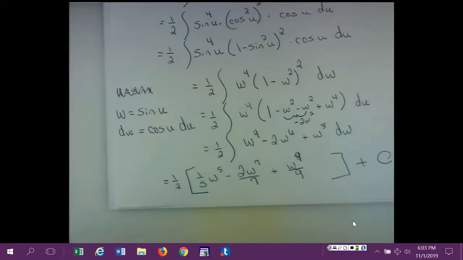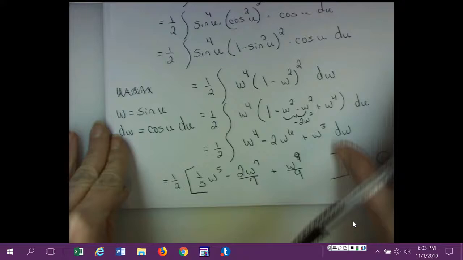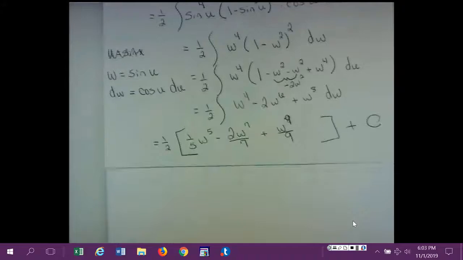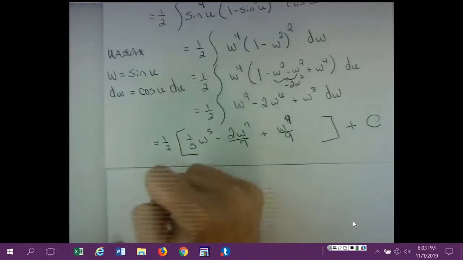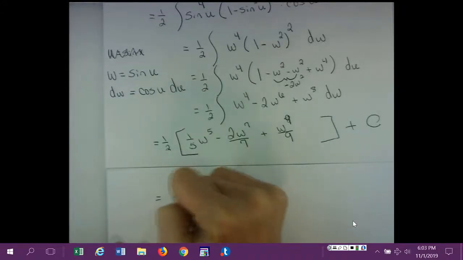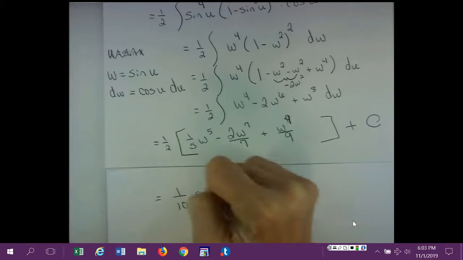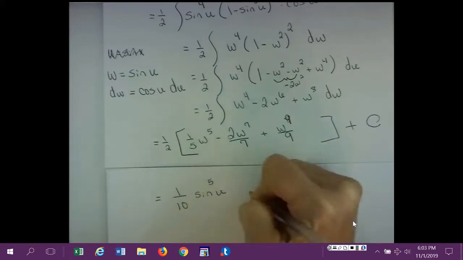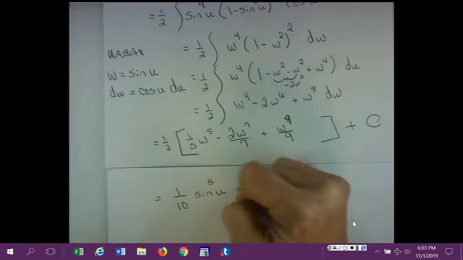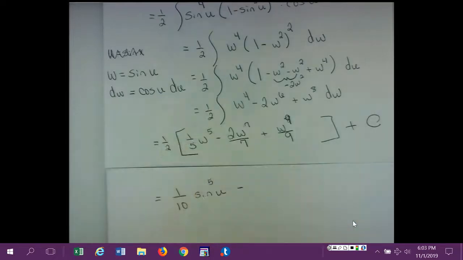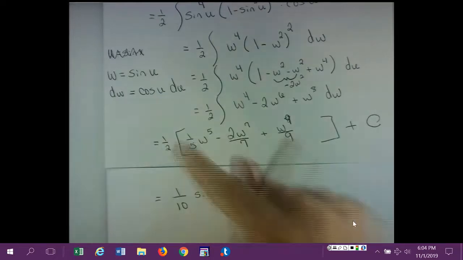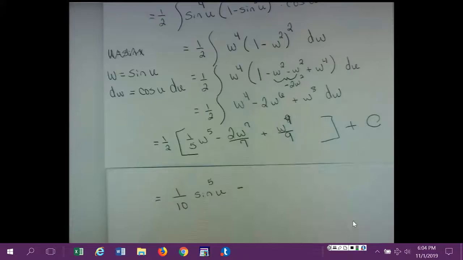Now, the last thing we've got to do is go back to u and then go back to x, because our final answer has to be in x because we started in x. This is going to be 1 over 10 sine of u to the 5th power minus, so 1/2 times 1 over 5 is 1 over 10. 1/2 times a negative 2/7.